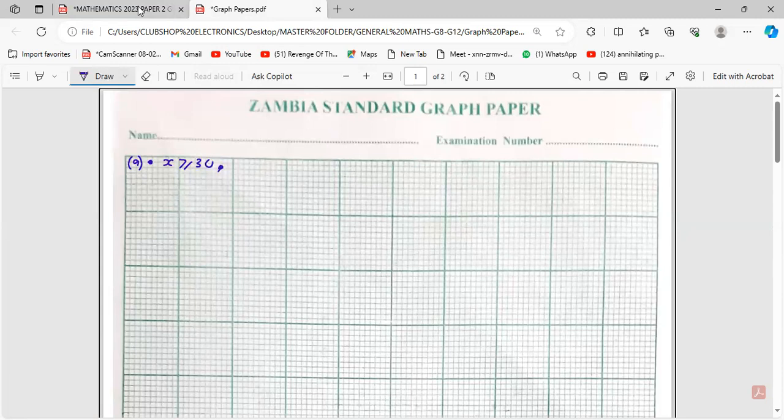The second is Y greater or equal to 20. The next one is X greater or equal to Y, or Y less or equal to X. And X plus Y is less or equal to 90. These are the inequalities that we have.